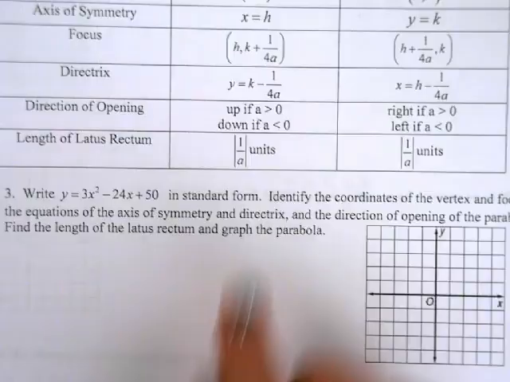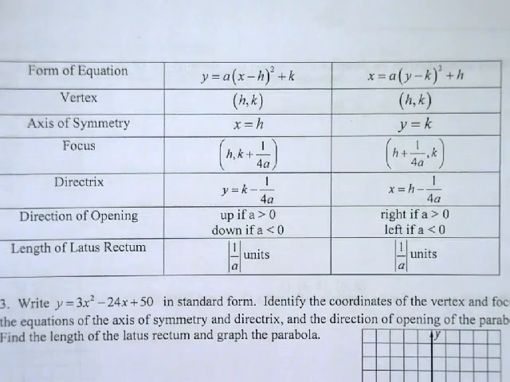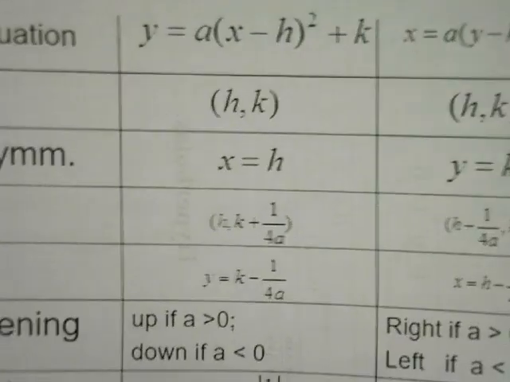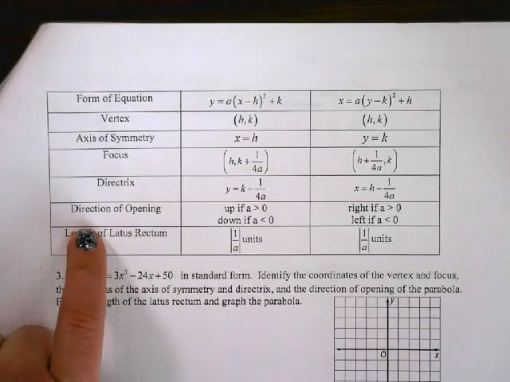Okay, so there at the top of your paper, in your notes, that is the same thing that's on one side of your formula sheet. So the information about parabolas is exactly the same as that box.